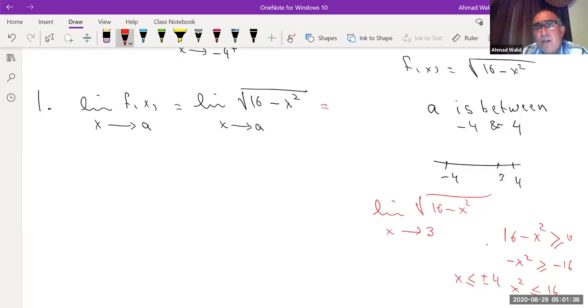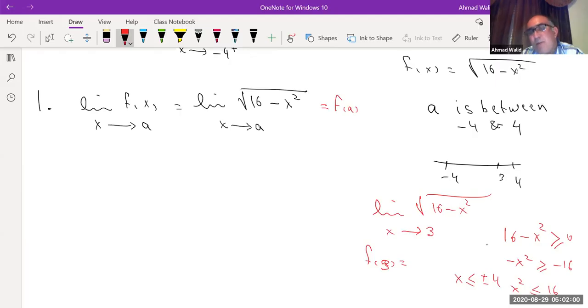And also, is this equal to f of a? Instead of doing this limit, can I find f of a? Are they the same, or f of 3, for example? If you do the limit, you plug in 3 here, 3 squared is 9, 16 minus 9 gives you 7, square root of 7.